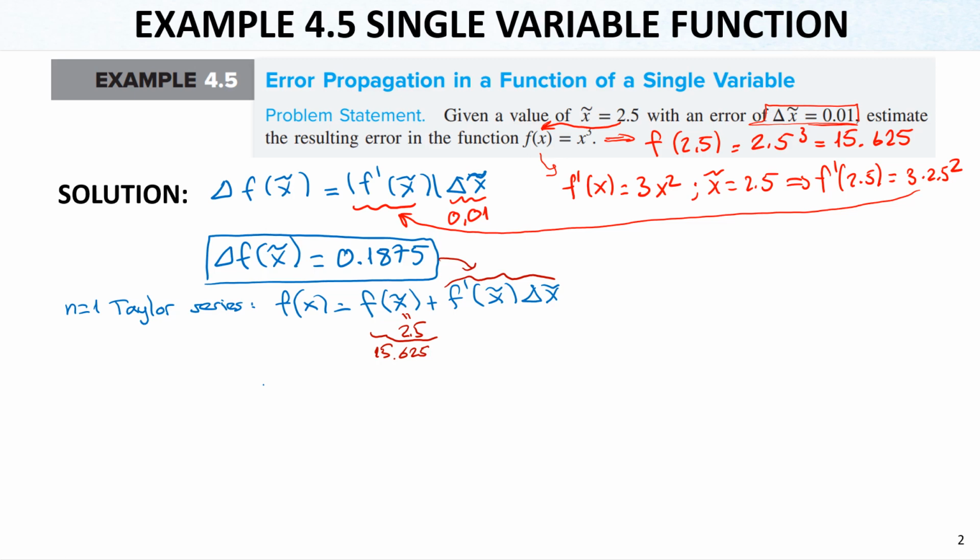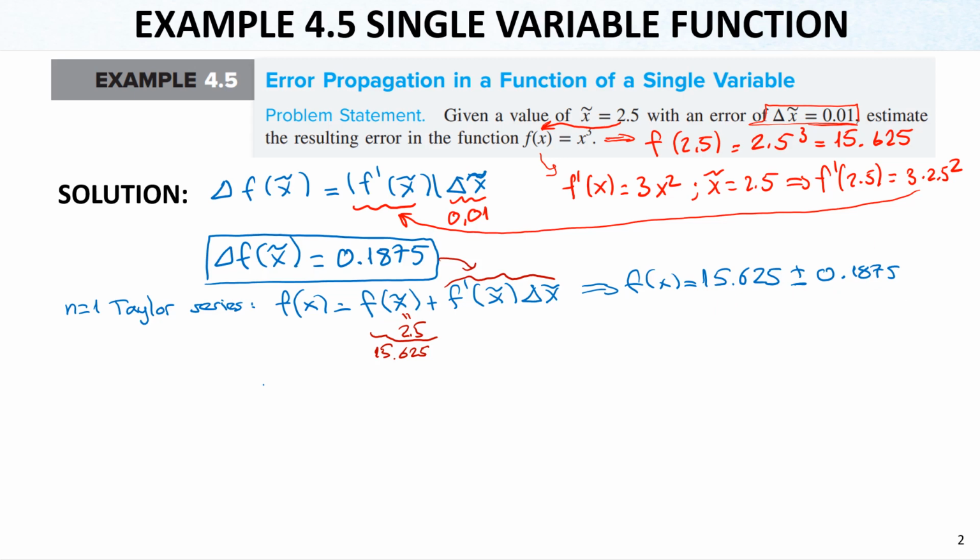In this case, we can simply find f(x) as 15.625 plus or minus 0.1875. We add plus and minus to show that this is the error, and the f(x) value is either the minimum or maximum by summing or subtracting this from this value.